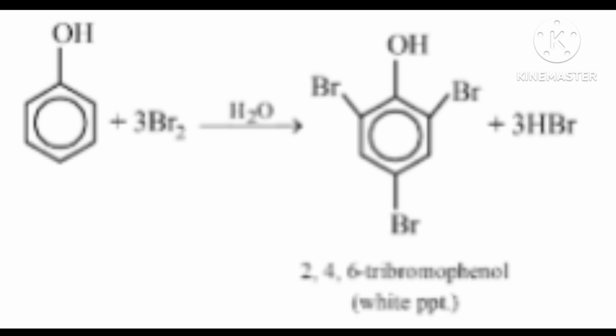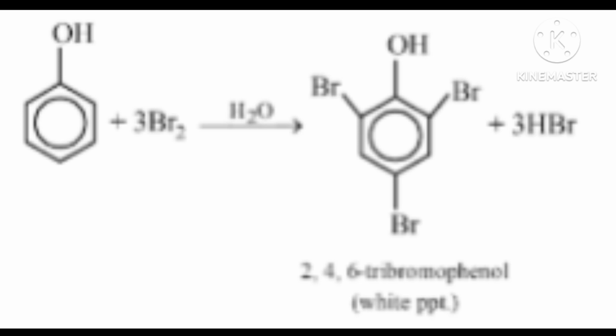But I am talking about the usual halogenation of benzene, not the phenol. Here in case of phenol, polarization of bromine molecules takes place even in the absence of Lewis acid. It is due to the highly activating effect of the OH group attached to the benzene ring.